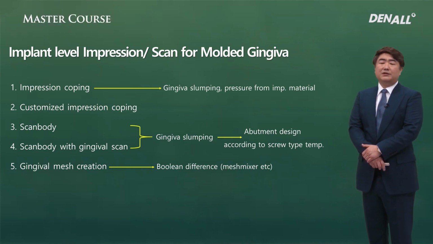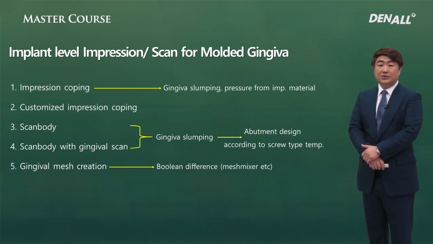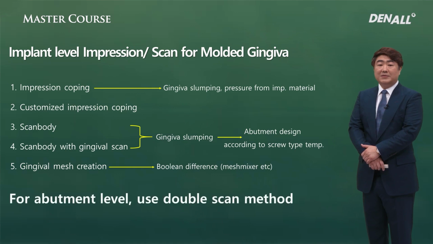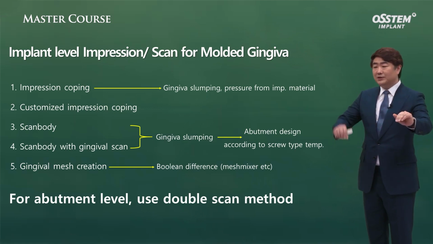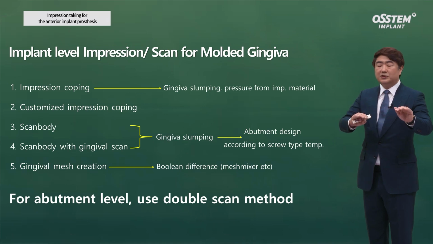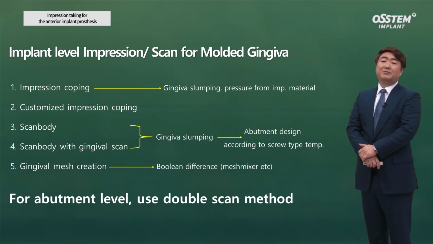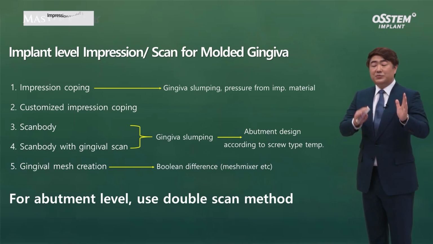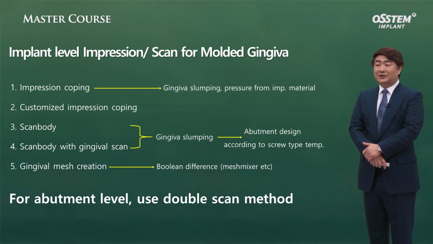But above all, for the abutment, implant level scan, or even if you take an impression on that level, lastly, the abutment level needs to be used, and if possible, they say this is the double scan method. You do one abutment level scan in the mouth, and then an abutment level scan separately without it being in the mouth. That double scan method would be the better option. And that would be the summary of today's lecture.